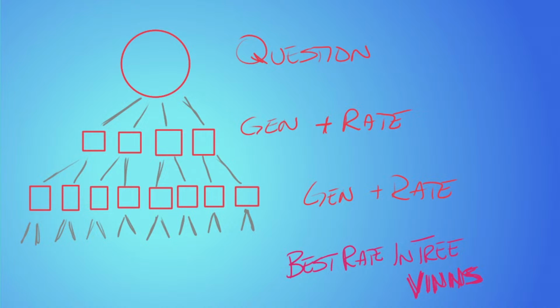And then you can choose if you want to do depth first or breadth first. If you do breadth, you generate all the things on the first level. And if you do depth, you will just go with the one with the best rate, and generate under that, and look at those rates.